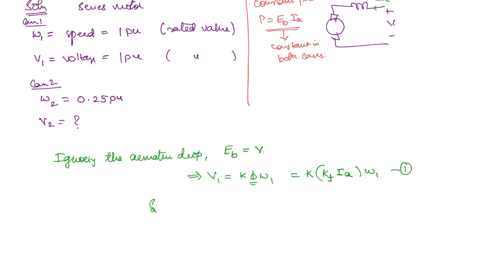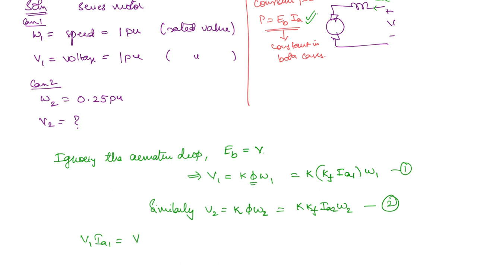Now similarly we can write V2. Similarly V2 is equal to K phi omega 2, which you can write as K into Kf into Ia into omega 2. This is the second equation. Now this constant power condition, if you take V1 Ia1 is equal to, you can write armature current 1, armature current 2 here.